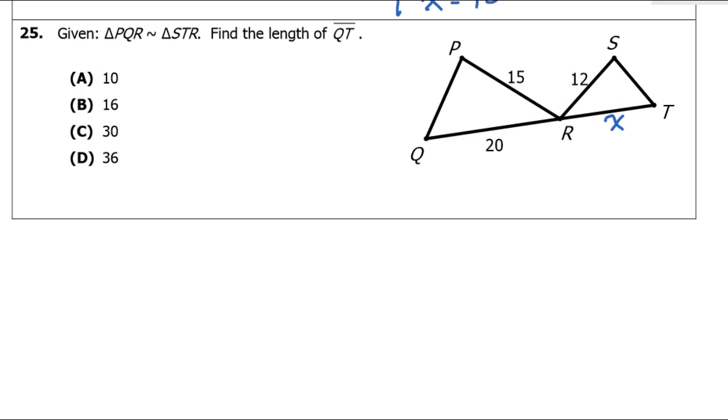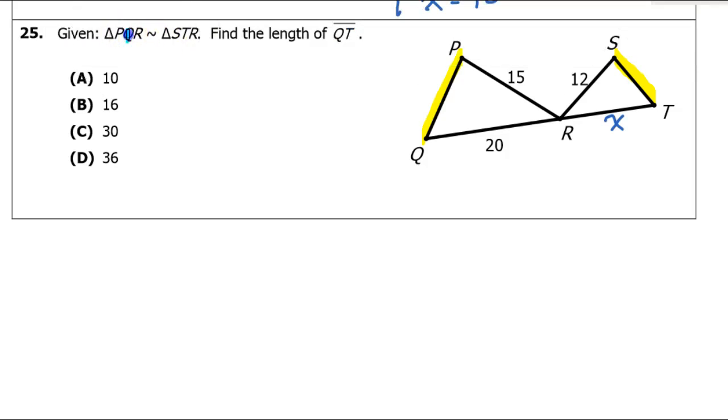Let's be careful about which sides are corresponding. They tell me the similarity statement. So that means PQ is going to correspond with ST. It's good to know, but there are no numbers there, so that only helps me a little bit.